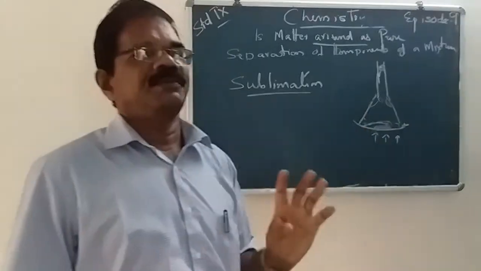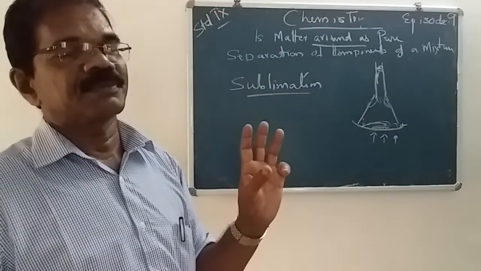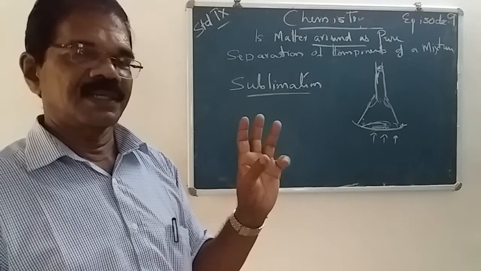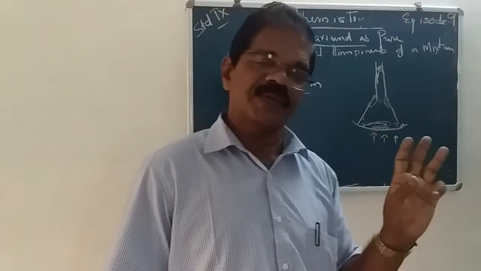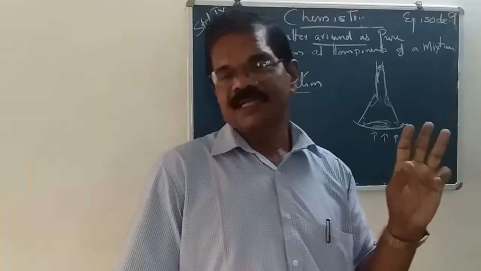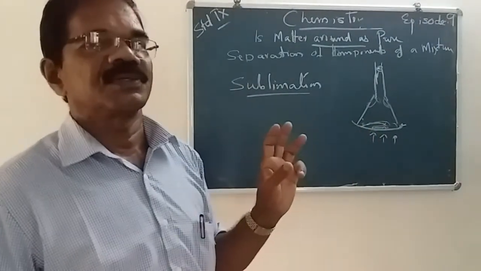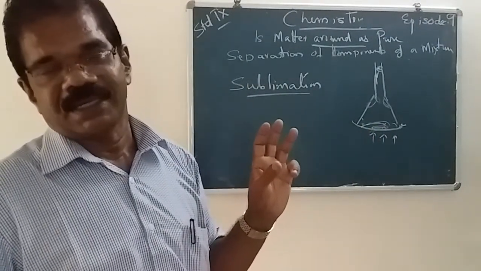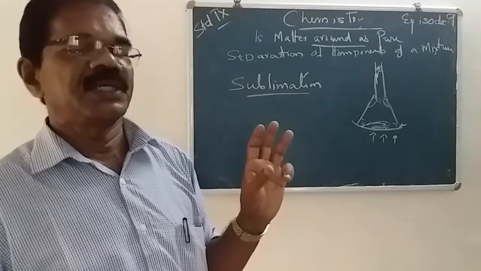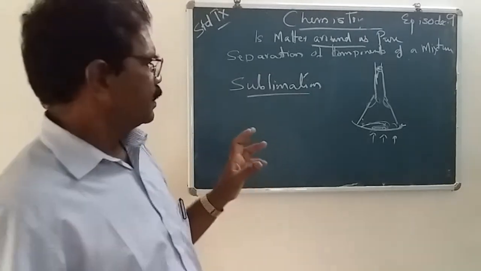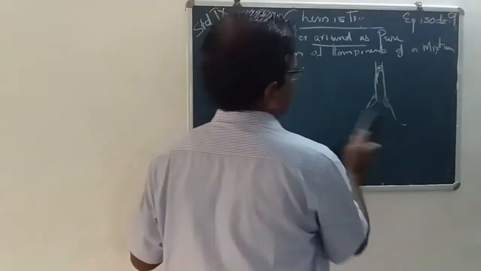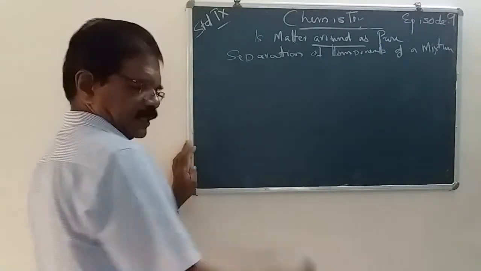We have to remember the name of the process: sublimation. Example: ammonium chloride. Principle: those substances on heating directly convert from the solid state to the gaseous state. Then the other process, crystallization.